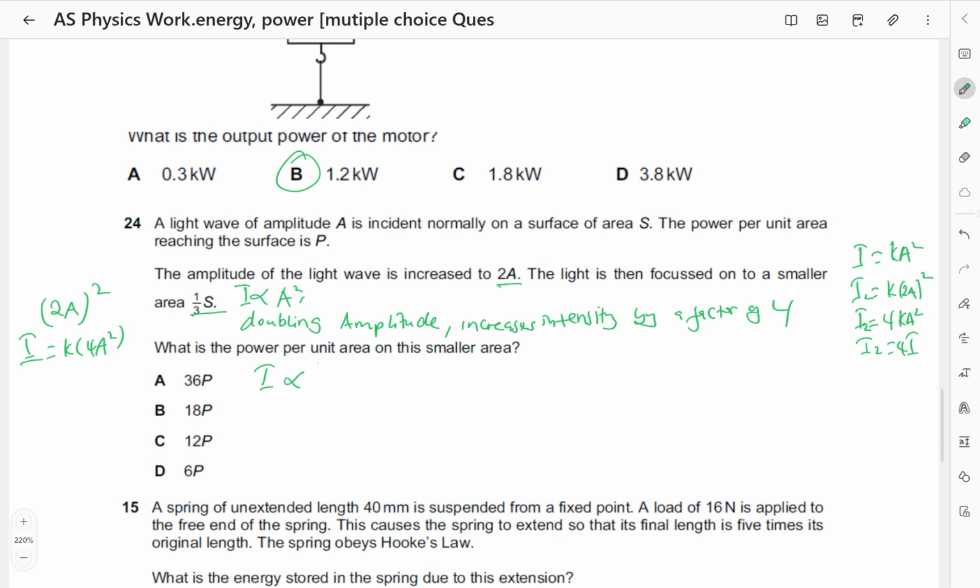Number 2, intensity is inversely proportional to area. So a third S means we have decreased the area by a factor of 3.